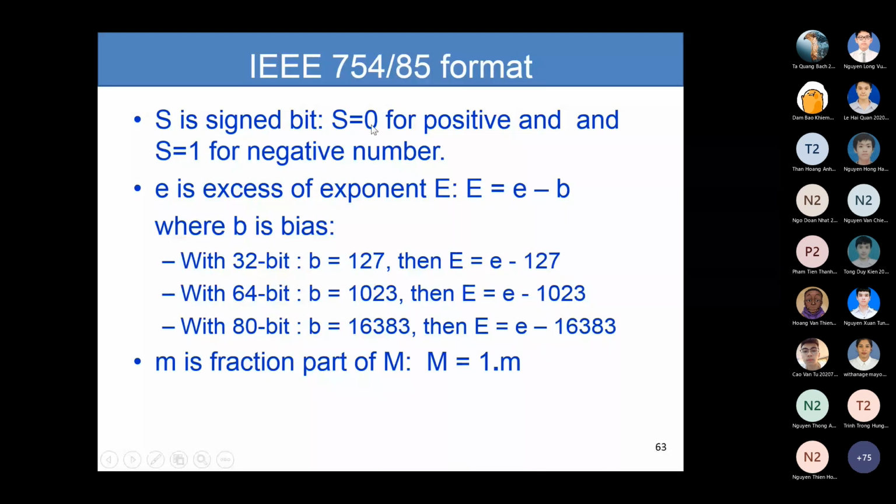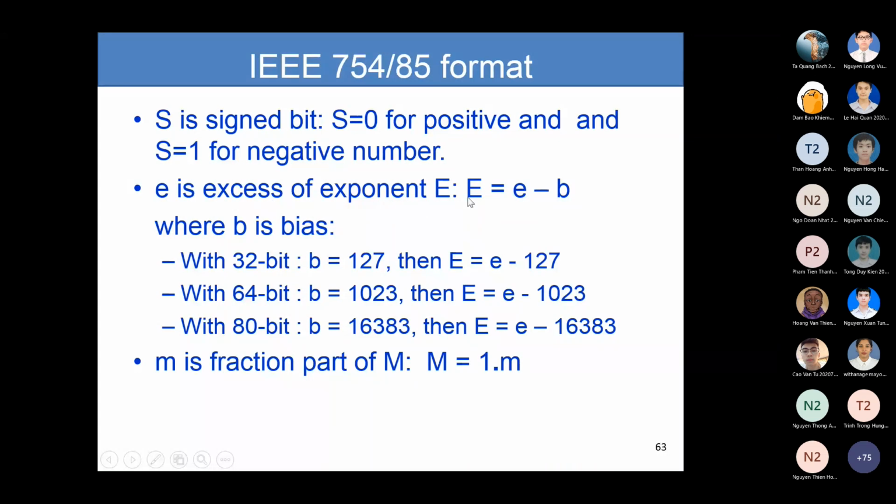Okay, so for the first bit, S equals 0, positive, 1, negative. For the exponent, small e is the excess of big E. So from small e, you can find big E, using this formula.